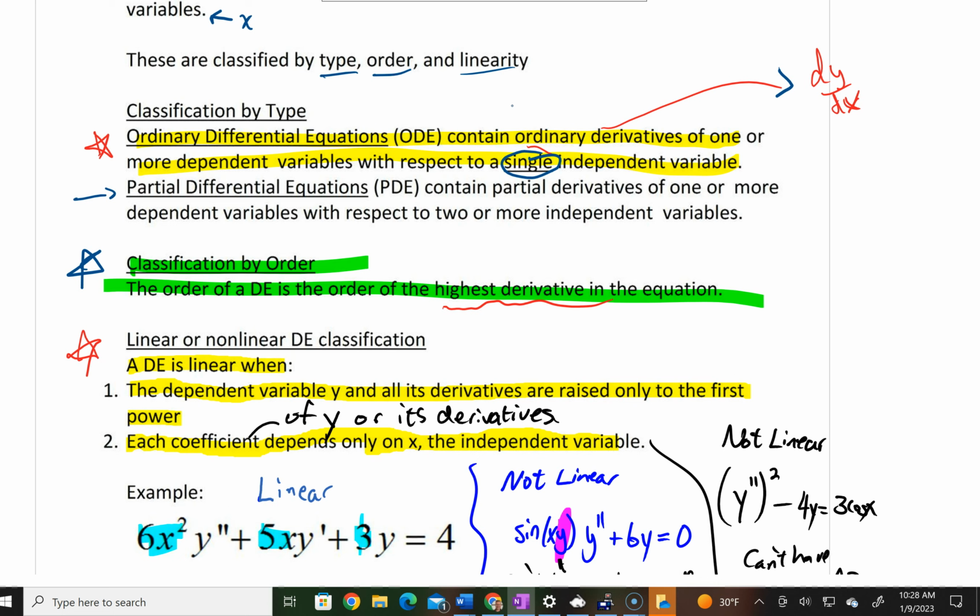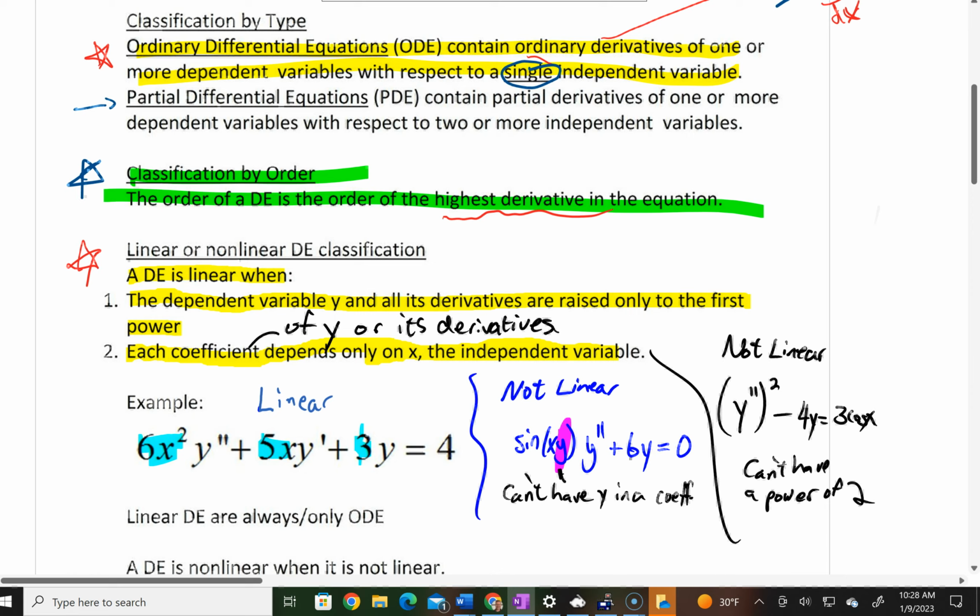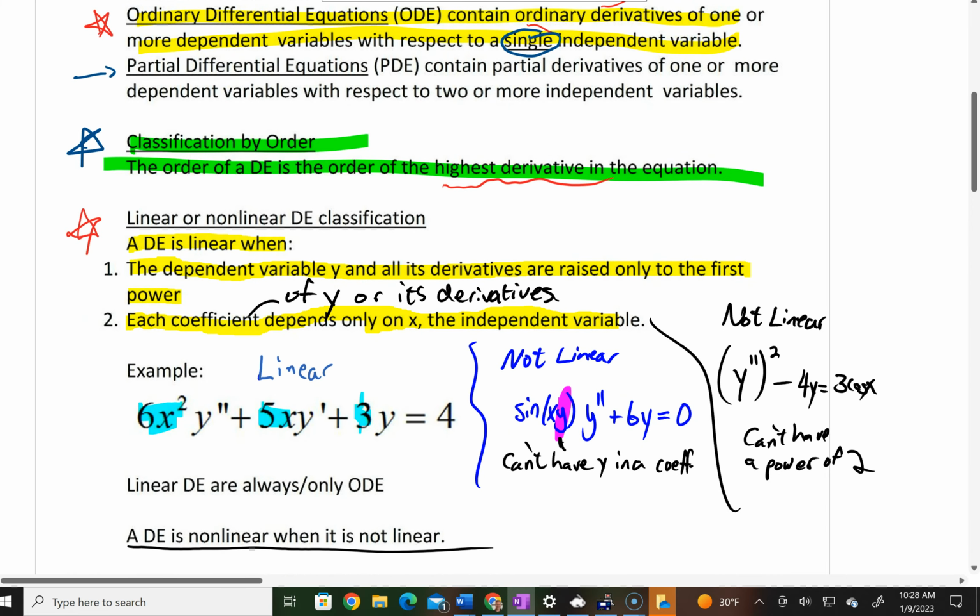So if the highest derivative is the third derivative, that would be a third order. If the highest derivative is a second derivative, then it's a second order. Okay, so that's all we're talking about there. And as you progress through the chapters, you might say, now we're going to deal with second order and so forth, right?